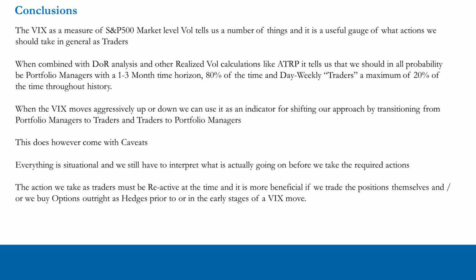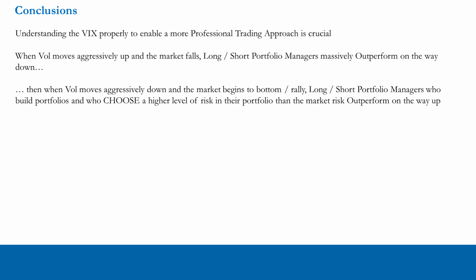In terms of the VIX hedges themselves, much preferable to either just trade positions or trade outright options on positions that you've got in your portfolios. But if you absolutely have to do it, timing is extremely important. As you'll realize from reading the VIX hedges PDF, timing is very, very important when you're putting on VIX hedges, but we'd rather you not do it.